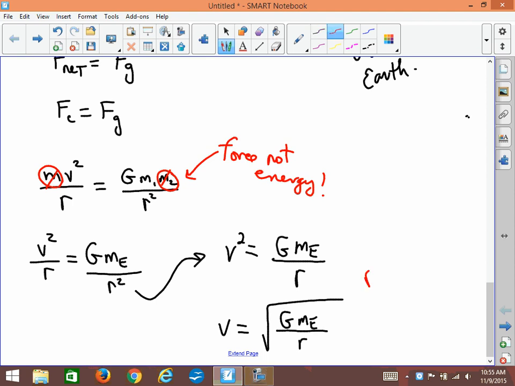R is the height of the orbit. Now, height of orbit above the center of the Earth. Remember, we're always talking about the center of the Earth, not above the surface. Height above the center.